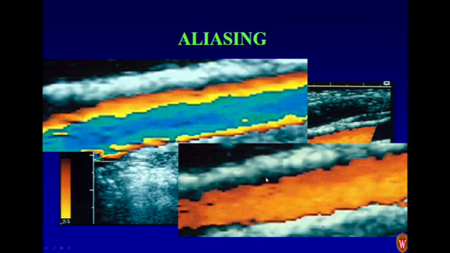Whereas if I set it higher, I'm losing some of these very low velocity pixels, and this looks more ragged. It's the same vessel. It looks more jagged because the very low flow that's bumping along the wall is being suppressed by the wall filter, and so the vessel wall itself looks more coarse.